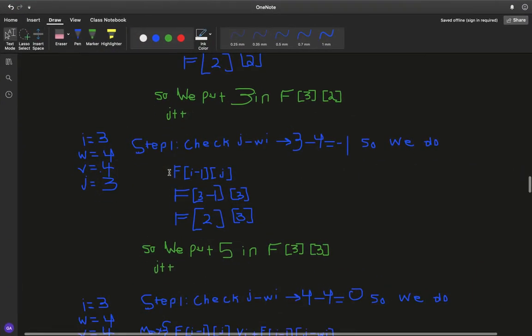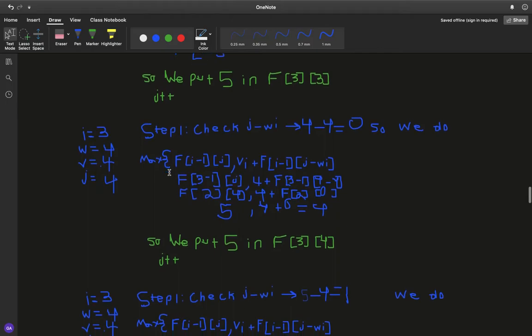Oops, sorry about that. So now we increment j. j is now 4. 4 minus 4 is 0. So if it's equal to 0 or greater than 0, we do the max between these two equations. So now f sub i minus 1, i is not going to change, so it's still going to be f sub 2. j is now 4.